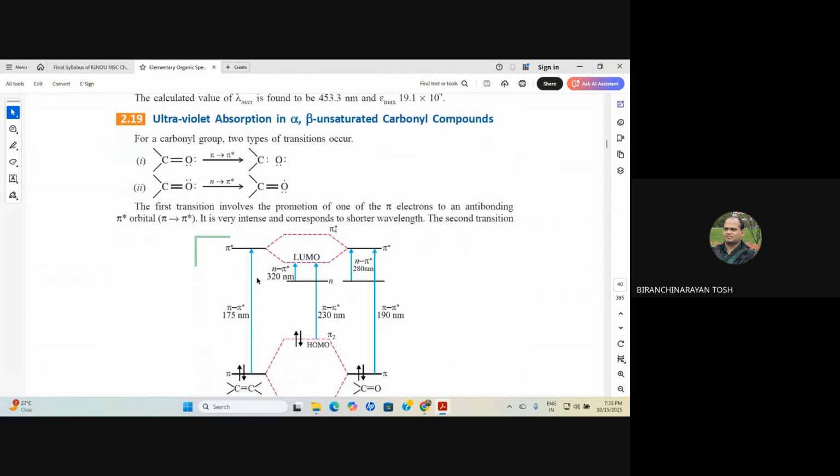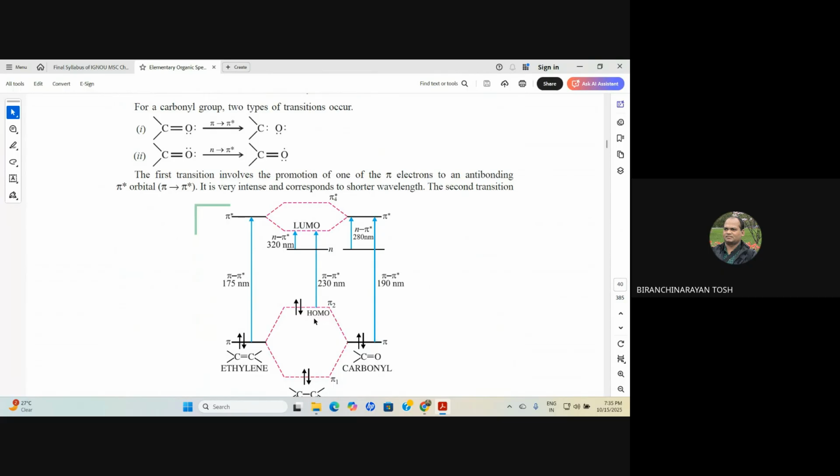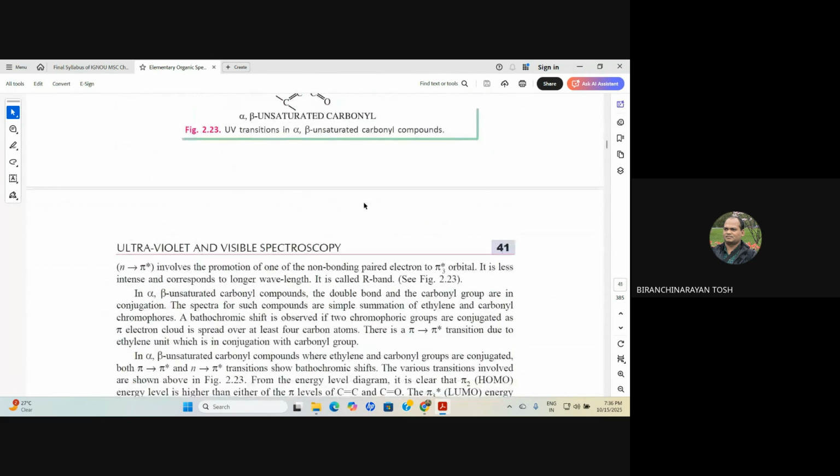So there is transition from HOMO to LUMO, that is, highest occupied molecular orbital to lowest unoccupied molecular orbital. The n pi star transition and pi pi star transition. The first transition, pi pi star, is very intense and corresponds to shorter wavelength. The second transition, n pi star, involves the promotion of one non-bonding paired electron to the pi star orbital.